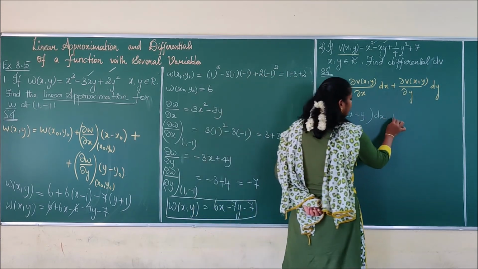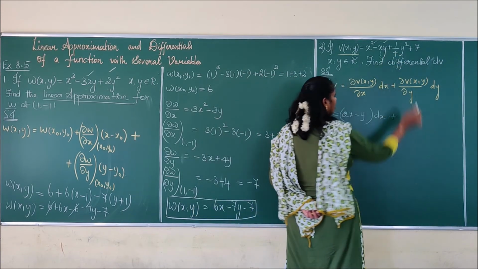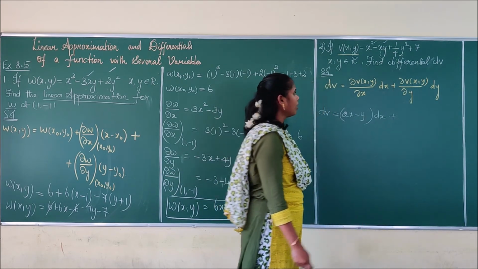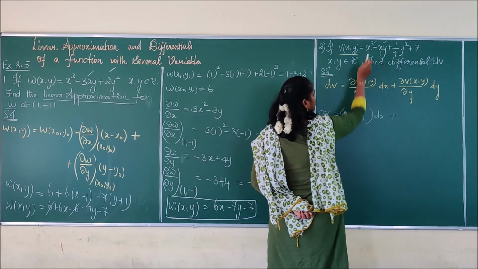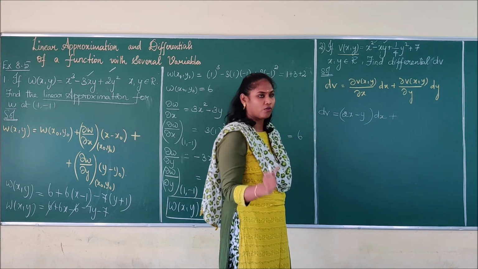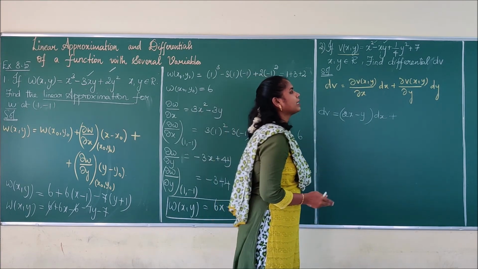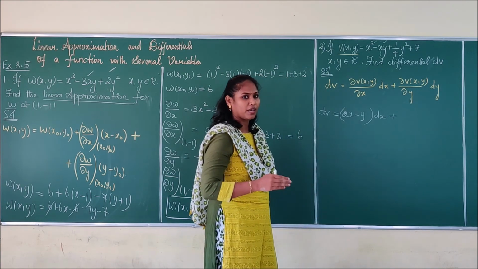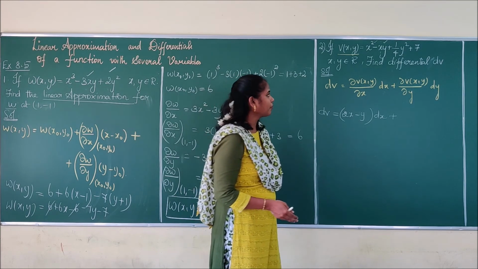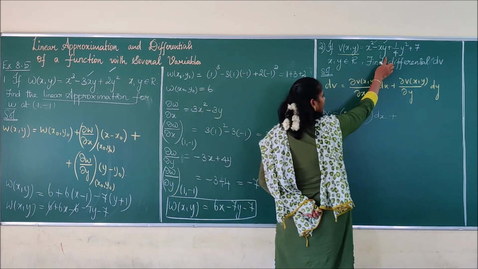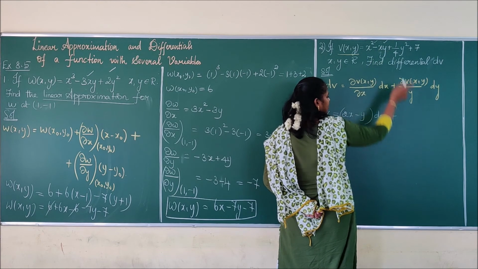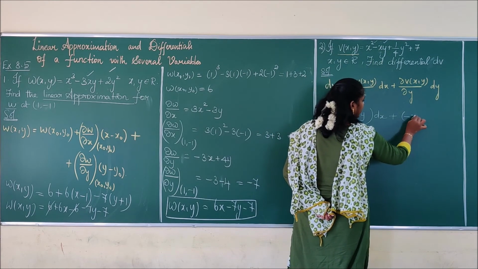And the second thing is I am going to differentiate the same thing with respect to y. I don't have y in the first term, so it will become 0. And the next term is minus xy. If I differentiate minus xy with respect to y, the value of y will become 1, so I will be getting x alone, that is minus x.